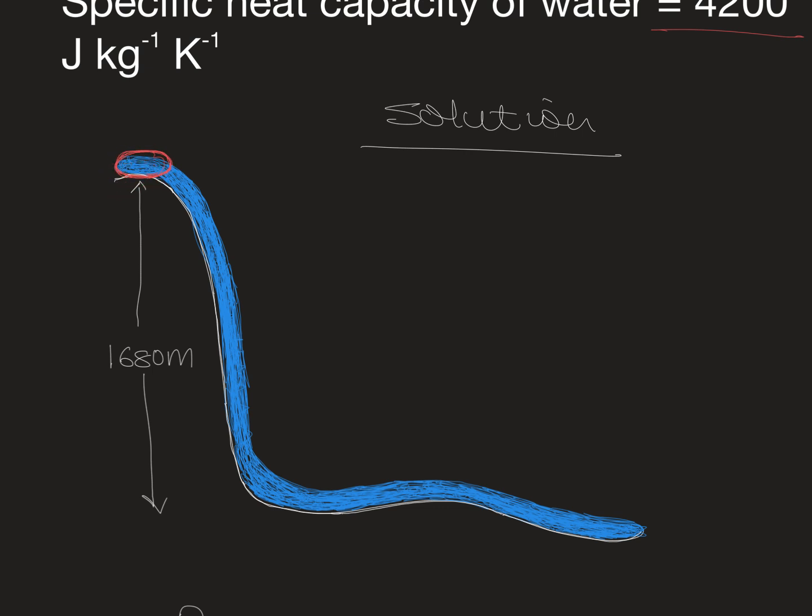The simple principle is that as the water falls to the bottom, the potential energy is converted to kinetic energy, and that kinetic energy is what is converted to heat energy, so it causes rise in temperature at the bottom of the waterfall. So in the question, we have assumed that there is no heat loss to the surrounding, meaning that the total potential energy that we have is converted to heat energy.